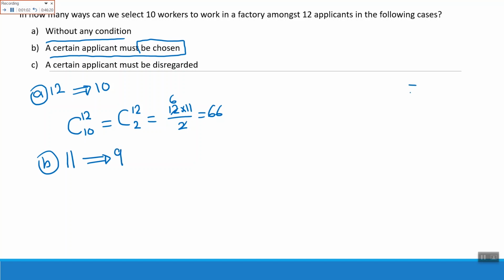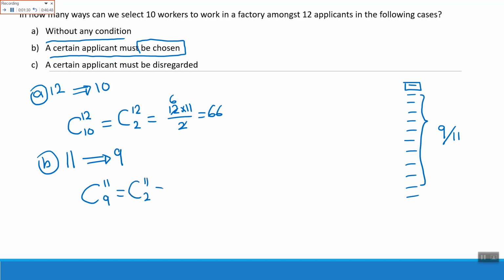They told you that this one you have to choose, so you're free to choose 9 out of 11, not 10 out of 12, because they chose one for me. So this is combination 11, 9, or the same as combination 11, 2, which is 11 times 10 over 2, which is 55.